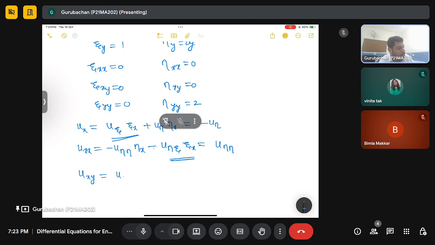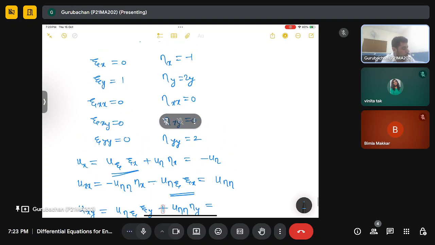Next is uxy. So u eta xi of y, u eta eta of y. So u xi eta will be multiplied by xi y, that is 1.